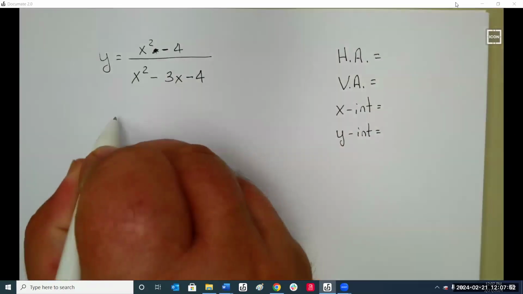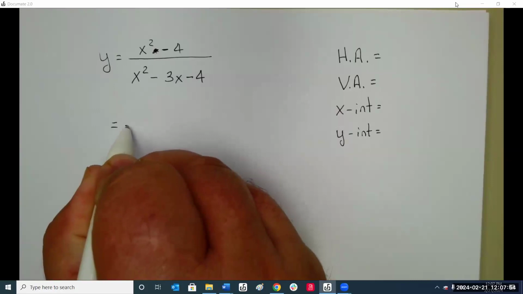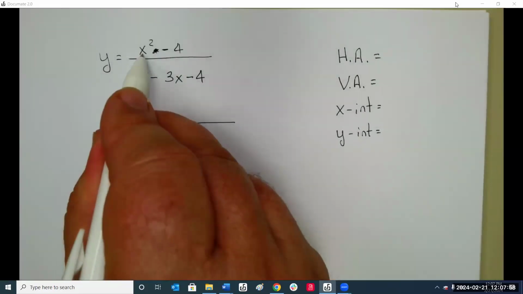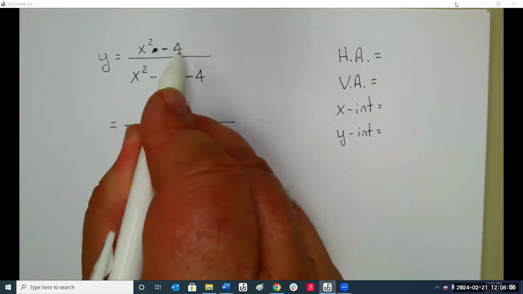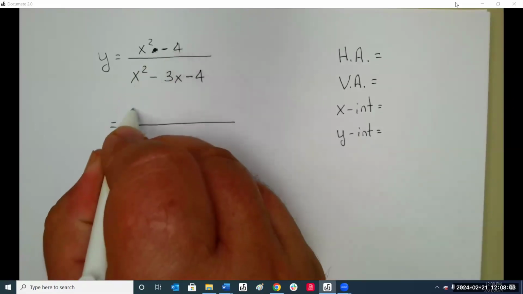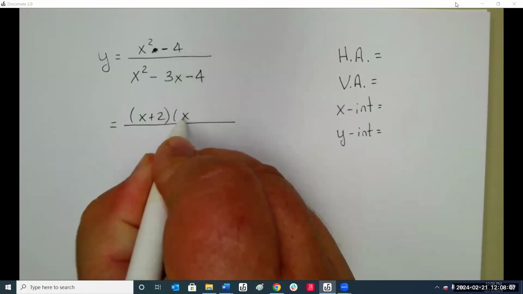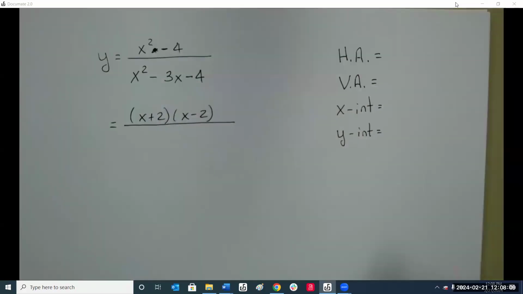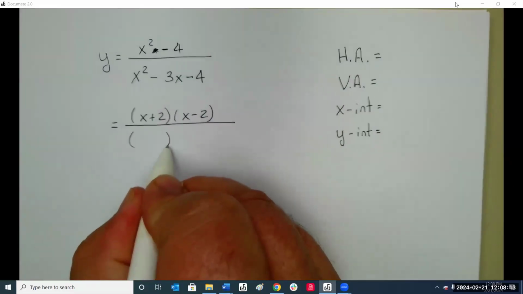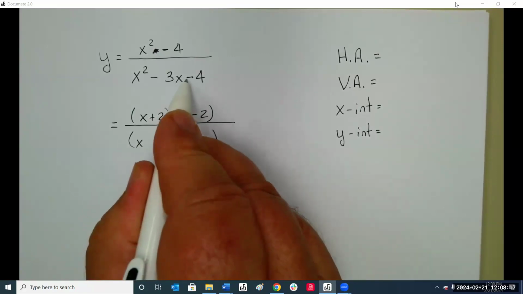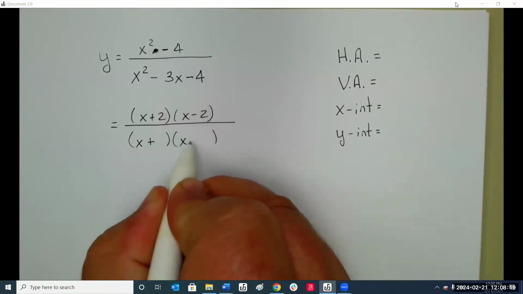Okay, the first thing we're going to have to do is factor out the top and bottom. This one is a difference of 2 squares: x squared minus 2 squared. And this one, that's negative, so they're opposite signs.